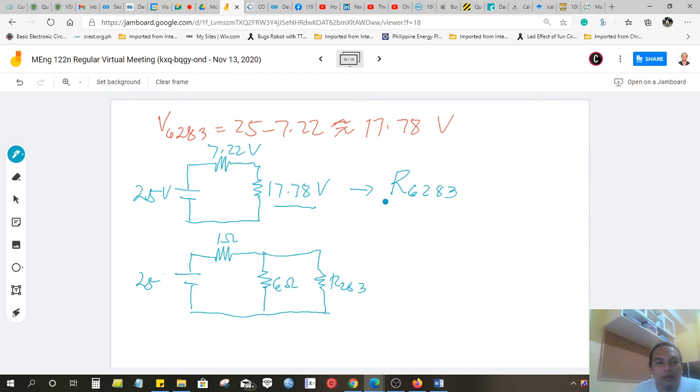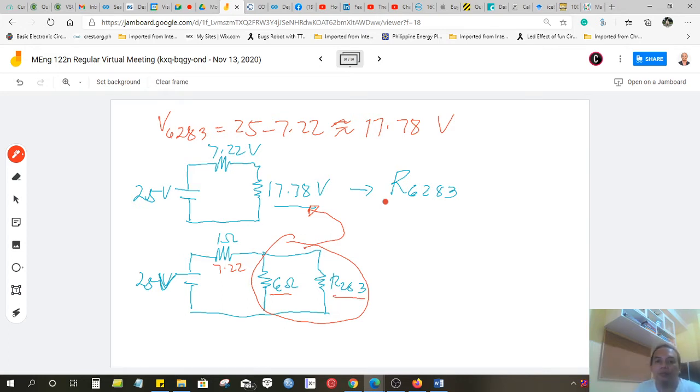Okay? So, again, we have a voltage here of 7.22, and the voltage here is 17.78 volts. Okay? Now, the 6 ohm and R 2, 8, 3 are parallel.